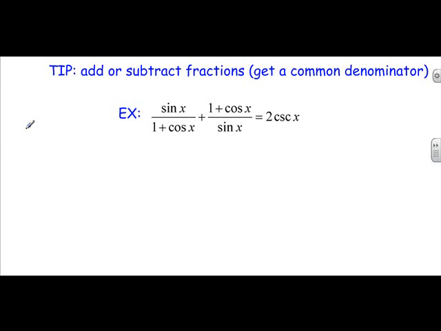The least common denominator is going to be the product of sine of x and the quantity 1 plus cosine x. So I'm going to multiply the first fraction by sine of x over sine of x. And the second fraction is going to get multiplied by the quantity 1 plus cosine x over 1 plus cosine x.